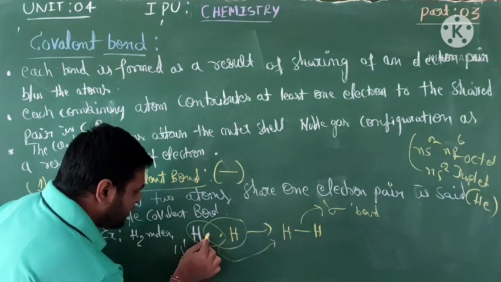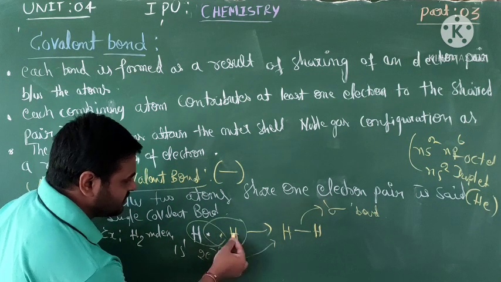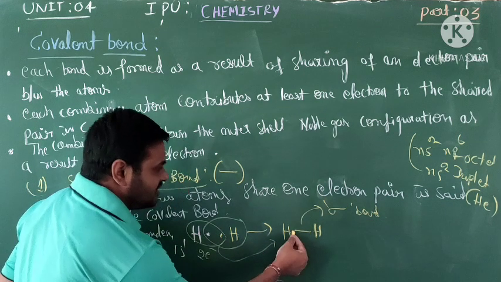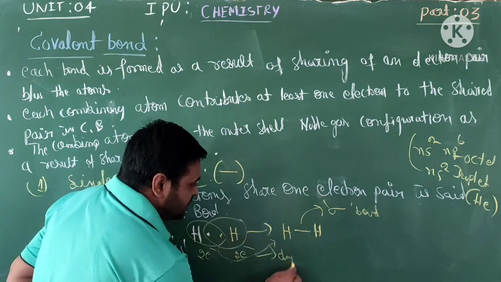Here hydrogen contributes one electron, the other contributes one, making two electrons, a duplet.